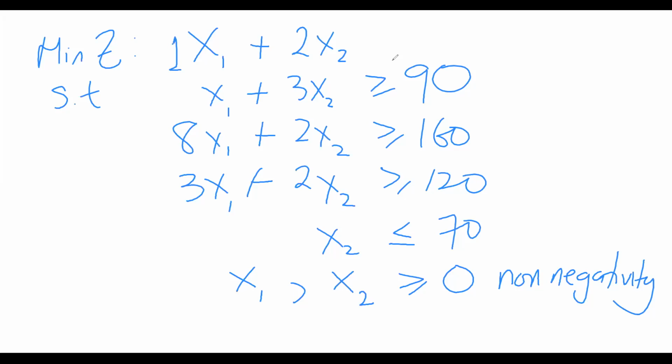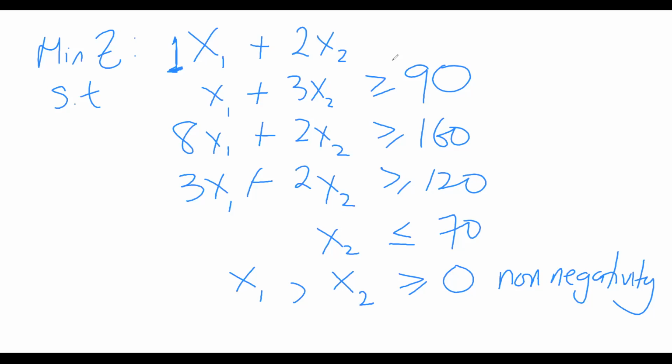Good. Now it serves a purpose. The non-negativity constraints keep you from reporting foolishness. So if you're talking about tables and chairs, it keeps you from telling us about negative chairs. Notice it's called non-negativity.